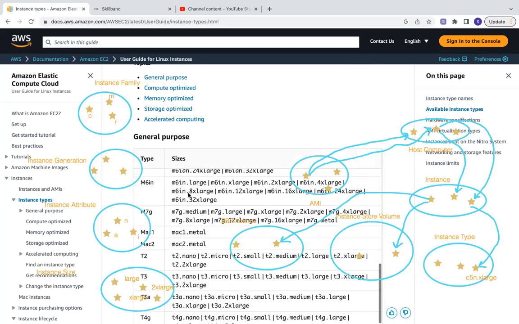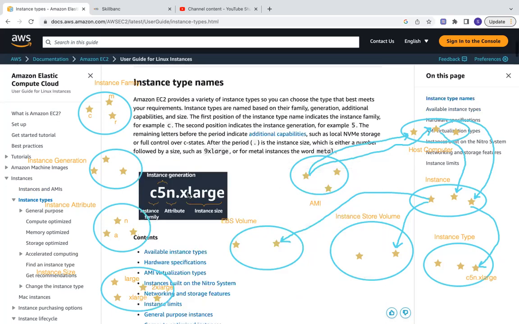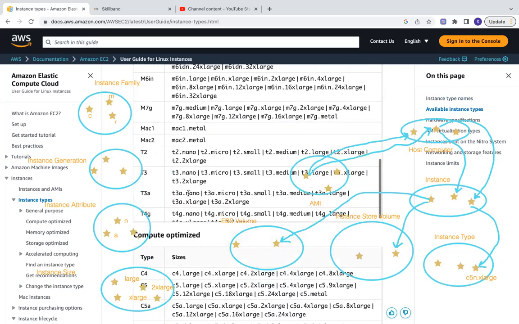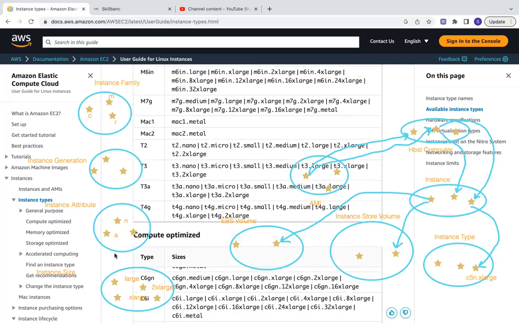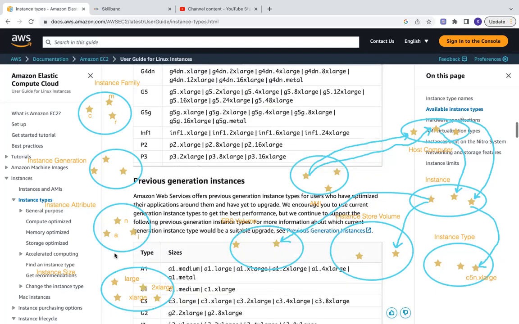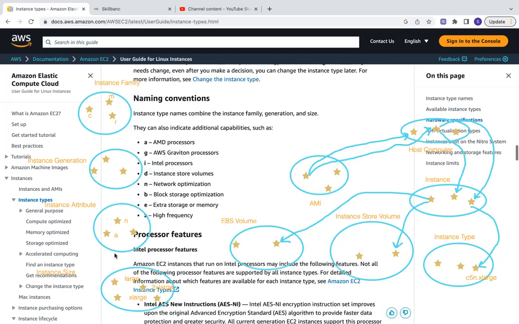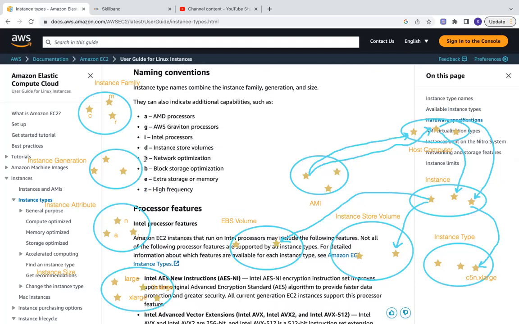General purpose, compute optimized, storage optimized, like that. That C5N that we talked about: N stands for network optimization. So these are the different attributes that you can use to specify the instance type.